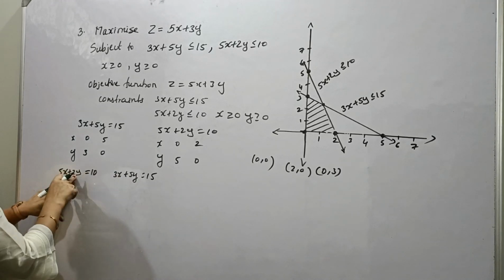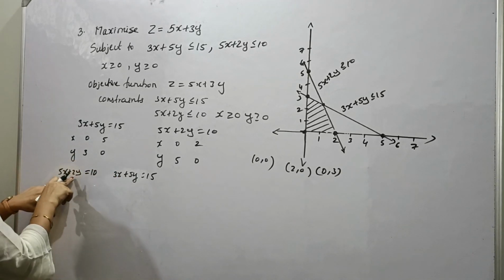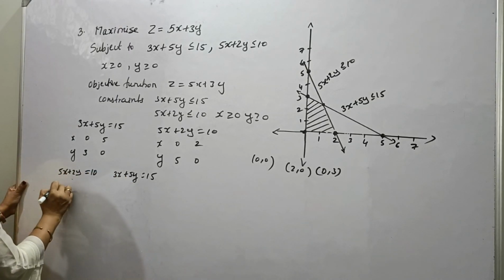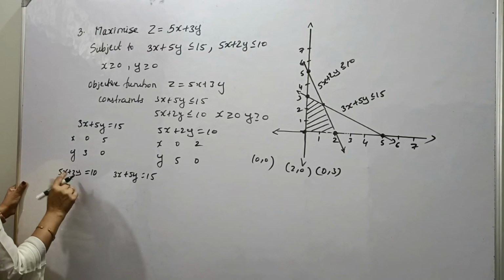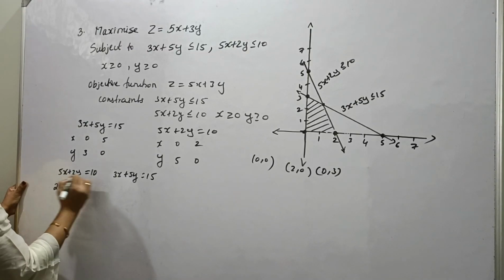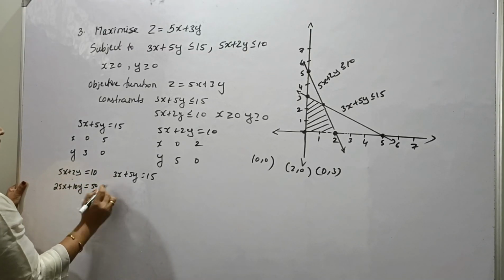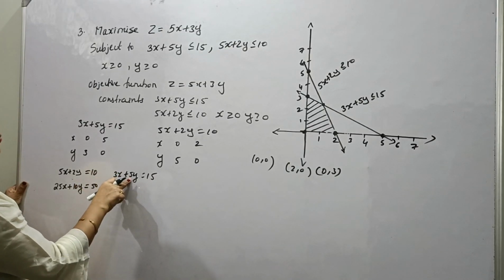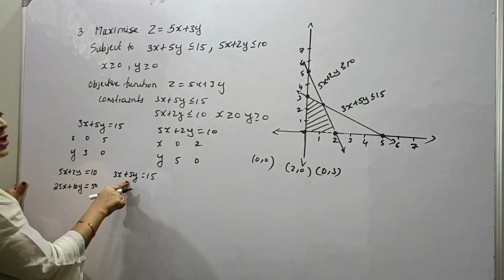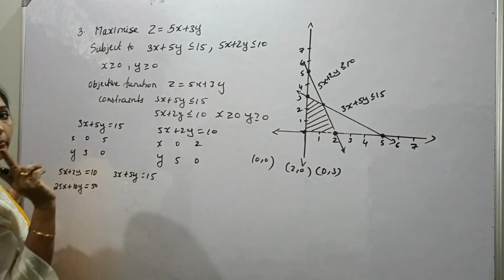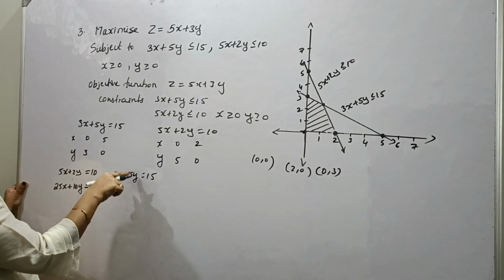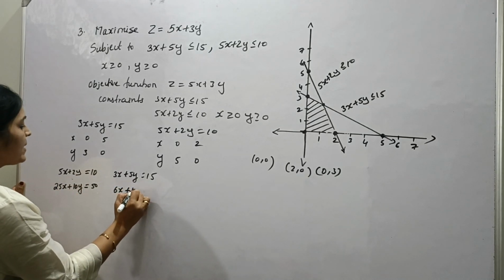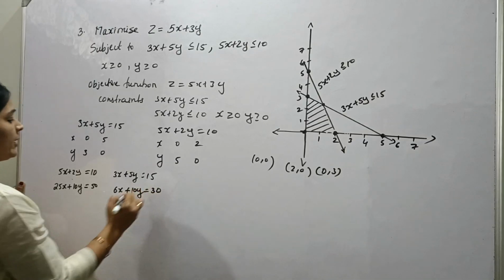So here let's make this coefficient the same, okay. So here we have to multiply by 5, here we will multiply by 2, okay. So that is 25x plus 10y is equal to 50. And here we have to multiply by 2, okay. Multiply this equation by 2 to get the coefficient of y as 10. That is 6x plus 10y is equal to 30.